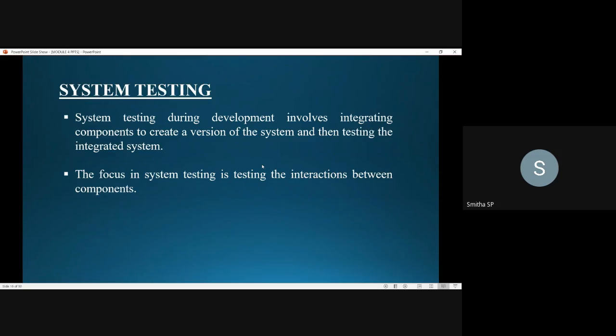That is, you need to check the compatibility and whether the interactions have been done correctly, whether the components are transferring the right data at the right time across their interfaces or not. That's why we perform system testing.